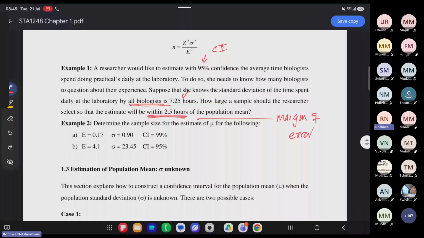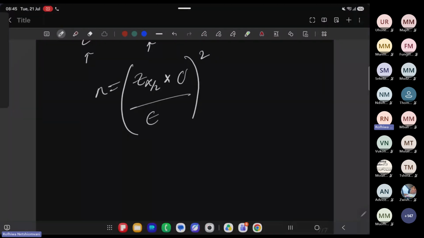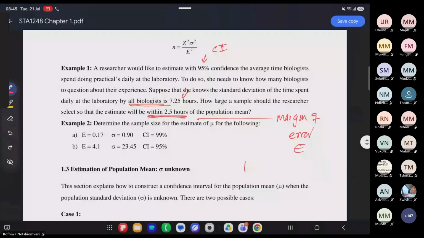So this will be E. Copy those things down. So CI is 95, sigma is 7.25, then E is equal to 2.5.